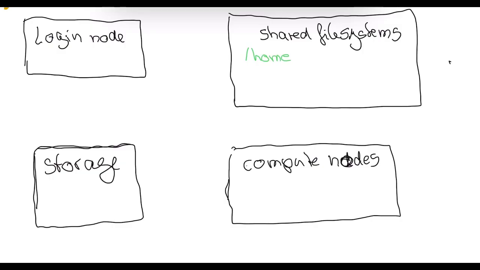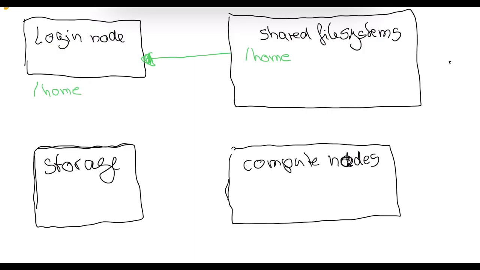So I'm going to put home into the box of the file system. And so that home file system is then shared out to the login node, so users can see the home file system when they are on the login node. And so that's why I'm going to put it below here.